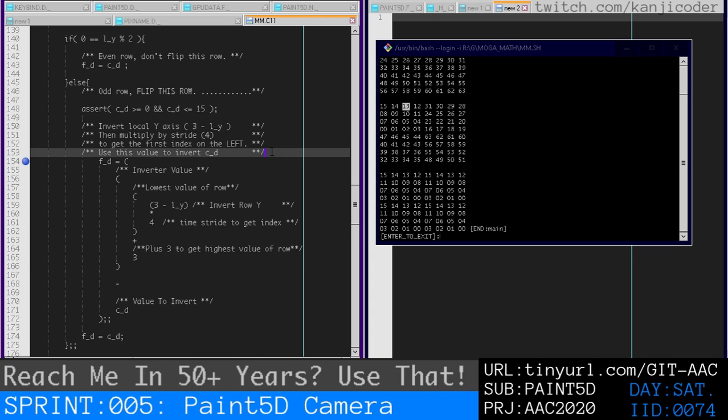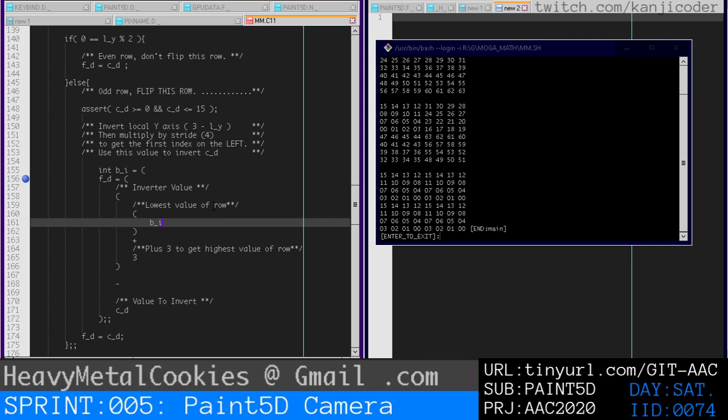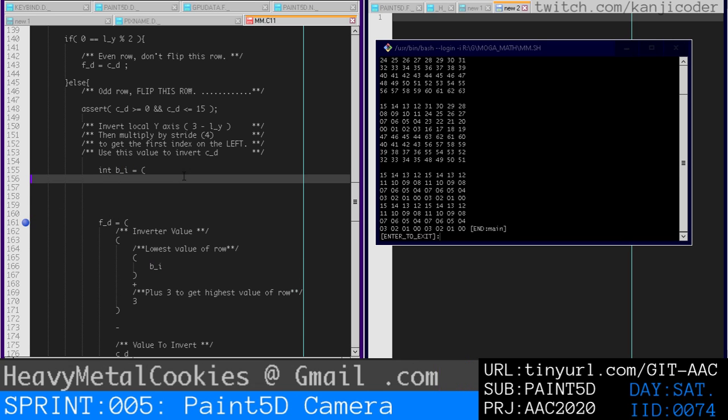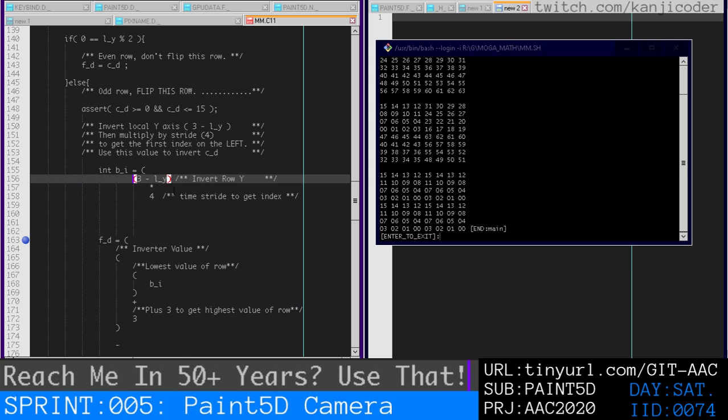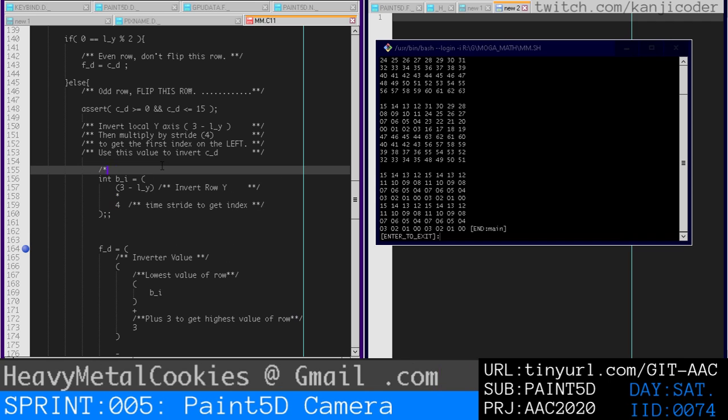So this lowest value of row is the base index. So bi is the base index.